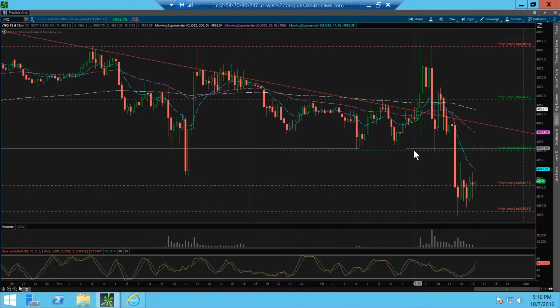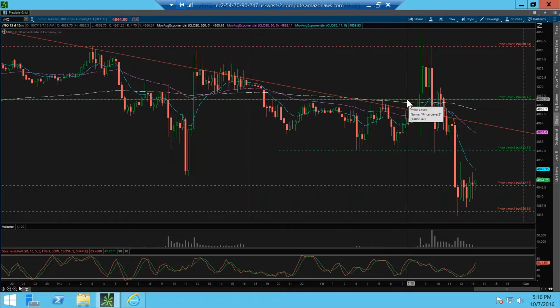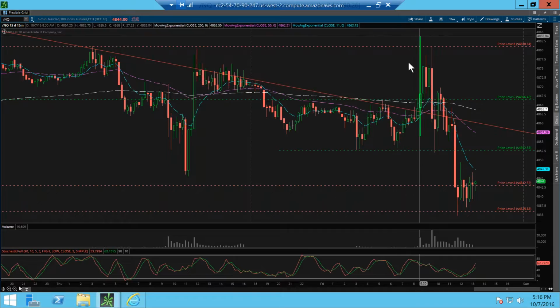So what I had done was, at these two levels, I had created a bit of a trap. So if price were to blow through this level here, go to the upside, then as price moved through, my trade would execute in a long position, and I would be filled to the upside.